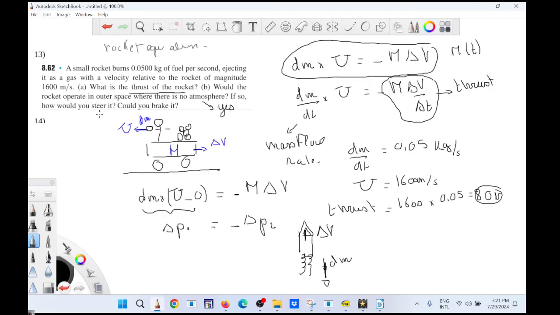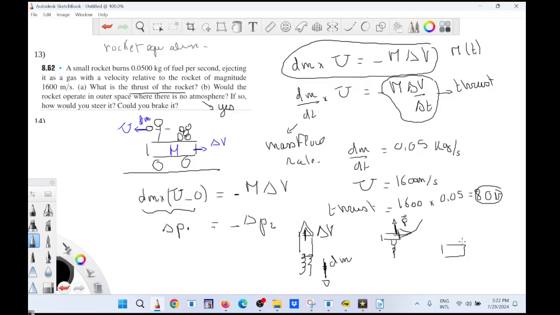How can you steer it? So if the rocket goes in this direction, and you want to make it turn, you want to apply a force in this direction here. So you need to push the gas in that direction. So you need to push in a direction perpendicular to the trajectory. Could you brake it? Yes.